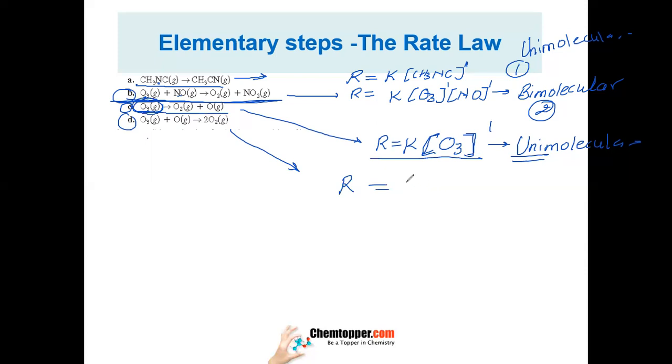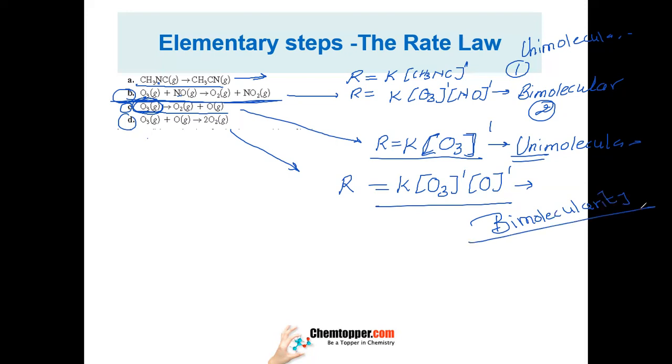I think Anil has already written K times concentration of O3 raised to power 1 times concentration of O raised to power 1. So what's the molecularity of this reaction? Bimolecular. So the molecularity and the order are the same for an elementary step.